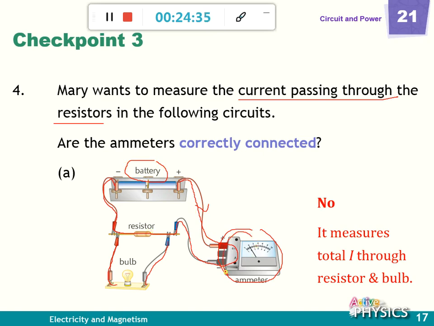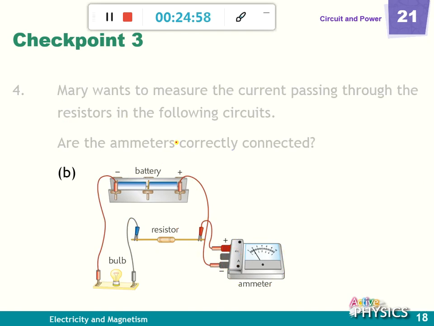This current reading will include the resistor and the light bulb together, because all the current given out by the battery will be the current that passes through the resistor and light bulb. But the question wants the current through the resistor only, so this one is wrong.